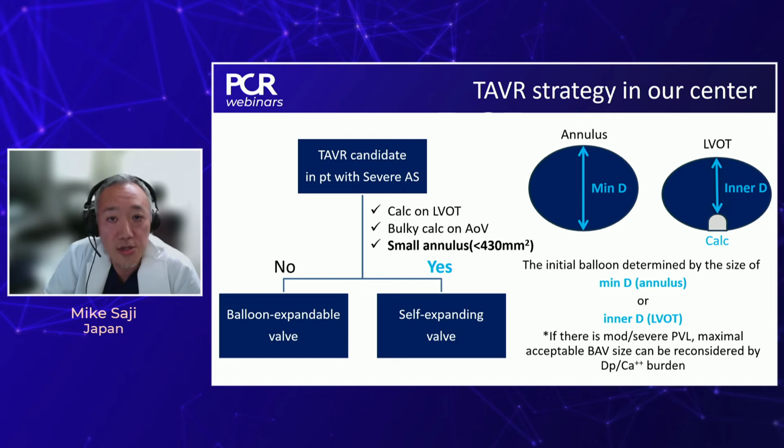And if you decide to do BAV before TAVR, the initial balloon size can be determined by the size of the minimum diameter, or the inner diameter of the LVOT if there's a calcification. And if there's a moderate or severe paravalvular leak after the deployment of the valve, the balloon size can be reconsidered by the perimeter-derived diameter or calcium burden, in addition to the minimum diameter or inner diameter.